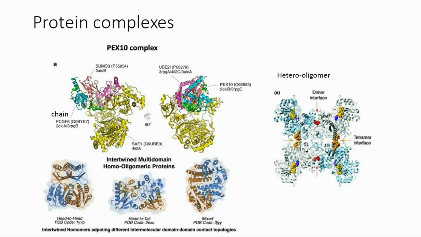If you have two monomers interacting, you call it a dimer. And if you have four monomers forming one assembly, then you call it a tetramer. Similarly, there are different numbers of monomers interacting to form these larger complexes.